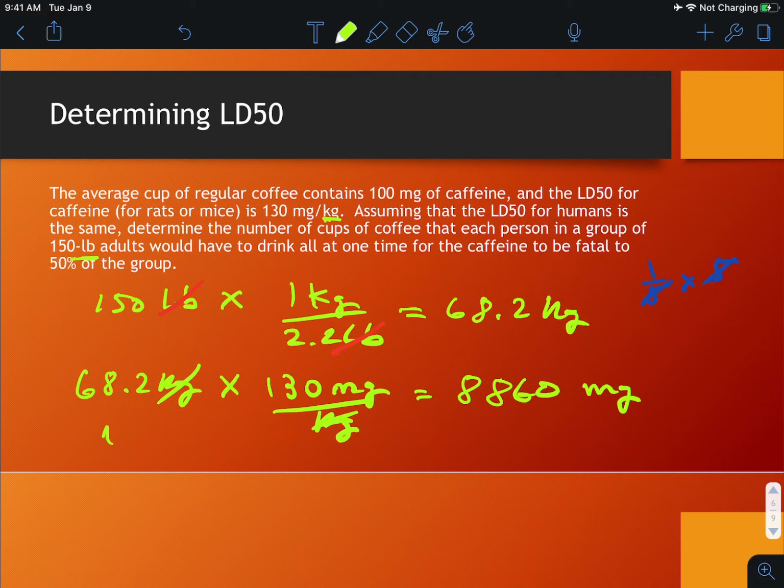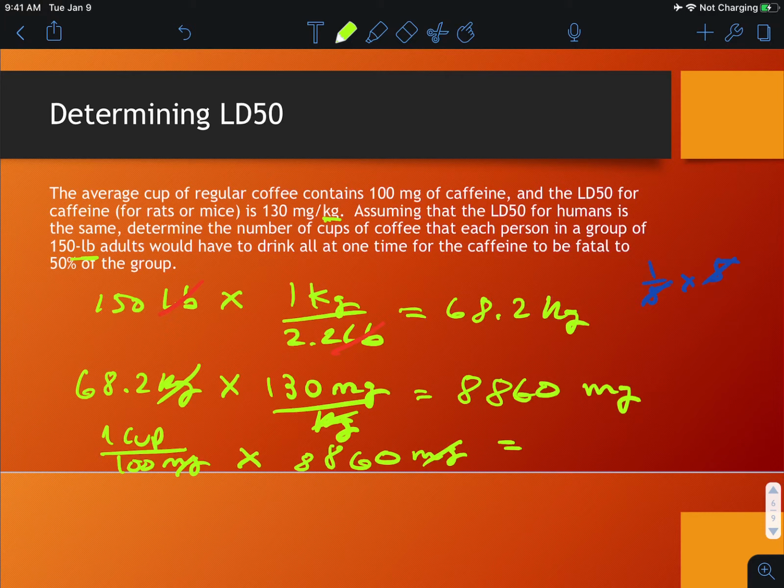And ultimately, I have 1 cup has 100 milligrams times 88. And I've written this down here, but that's obviously 88 over 1, so don't think that's in the denominator. I just wrote it low because I'm running out of space here. Milligrams, right? That's going to cancel out with this milligrams because that's in the numerator, this is the denominator.